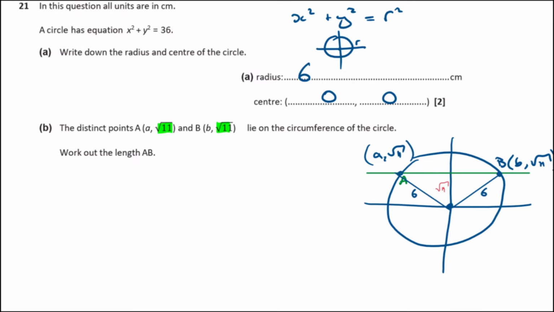So I know quite a lot of things about this triangle. So what I think I'm going to do is I'm going to use Pythagoras' theorem in one of the triangles. They're identical to each other, aren't they? They're mirror images. So in one of these triangles, like this one, I'm going to use Pythagoras to work out that top line there, and then I'm going to double it up to find the length AB. Does that make sense?